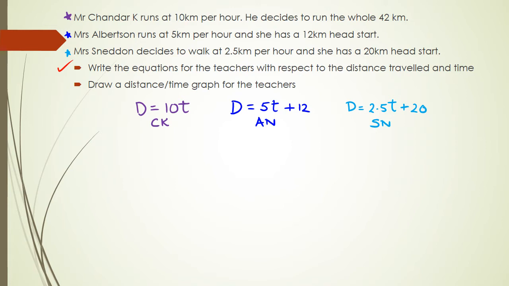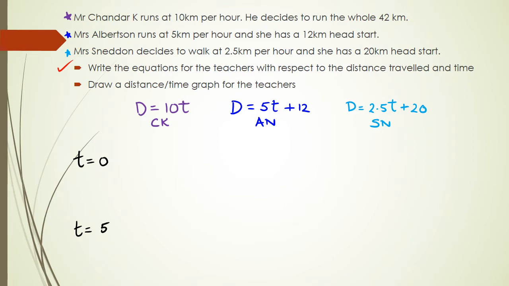You know, for you guys to draw a straight line, all you need is 2 points. So if you have 2 points for each person, then you can join them up and actually create a straight line. So the one thing I'd recommend is I would actually say put t equals 0, and then after that maybe t equals 5, I guess.